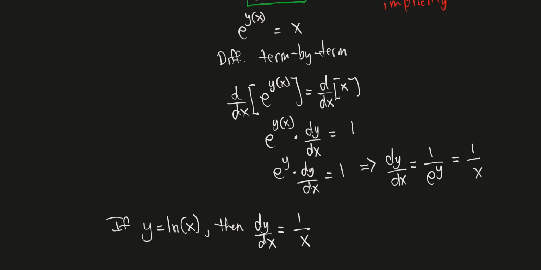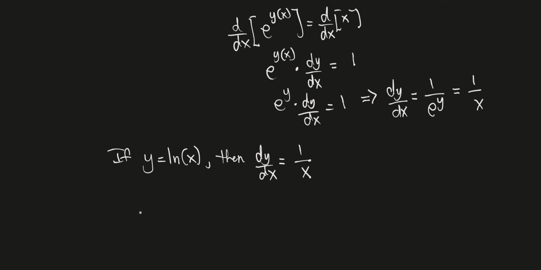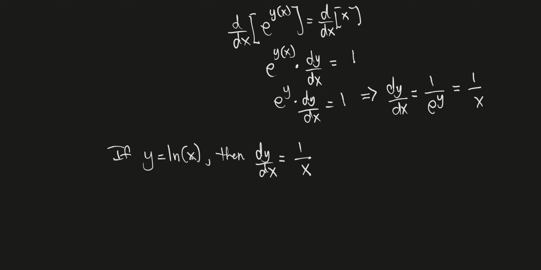Now, before we move on to the next, this function here we know has a domain that is, we say, restricted, right? You know, we know that the domain of the natural log of x function are all values of x greater than 0, right?